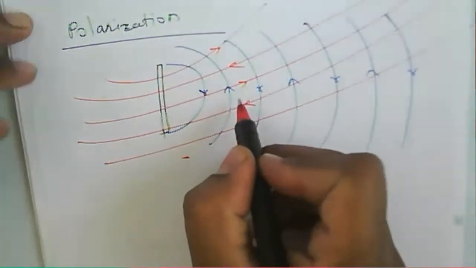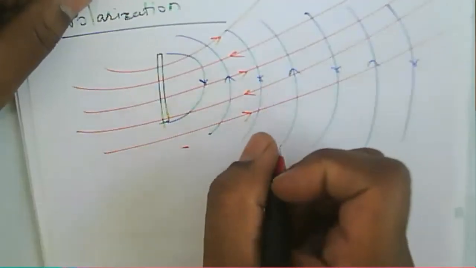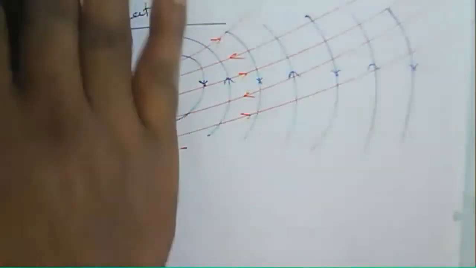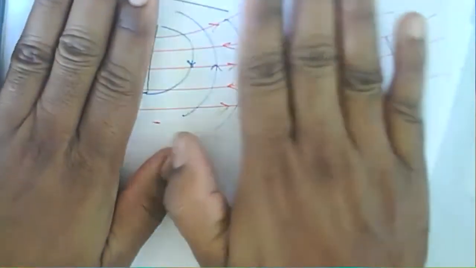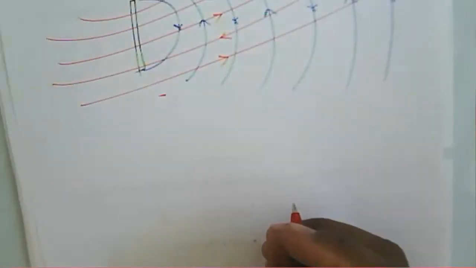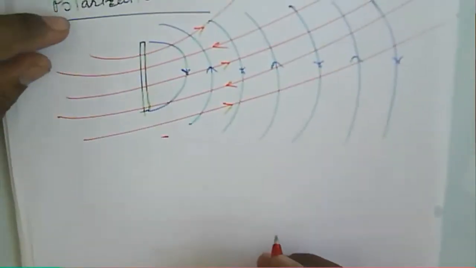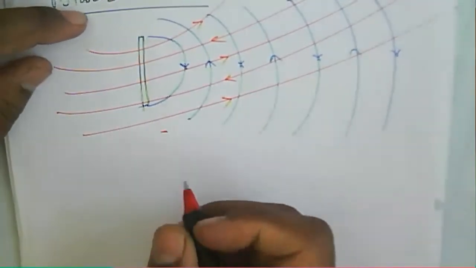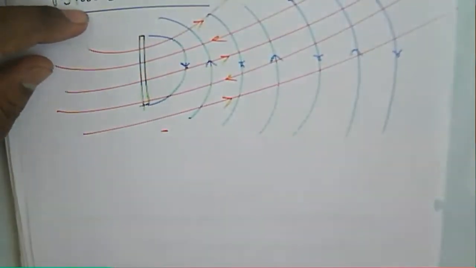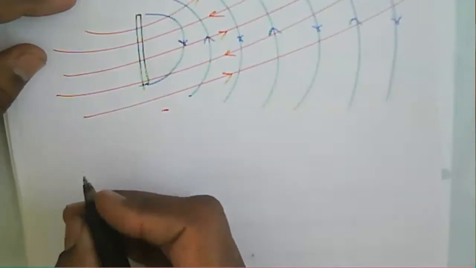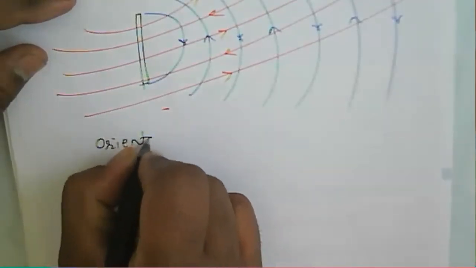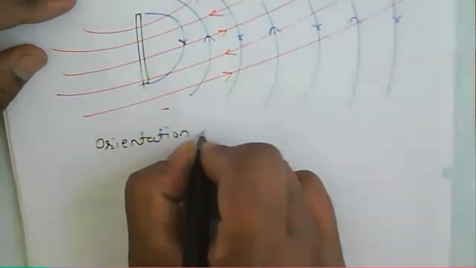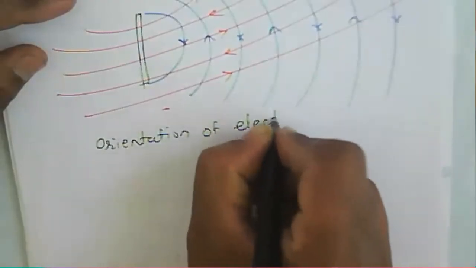Now, the direction of this electric field vector: if you look closely, the electric field and magnetic field components are perpendicular to each other. So in polarization, we need to know the orientation of the electric field component.